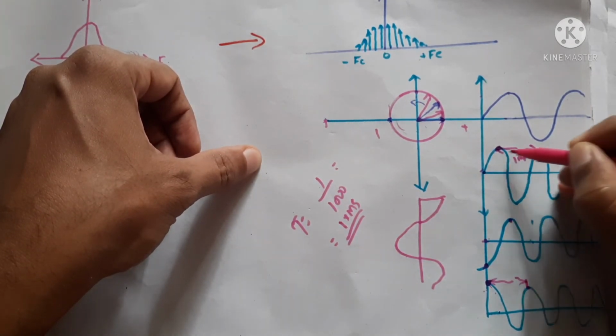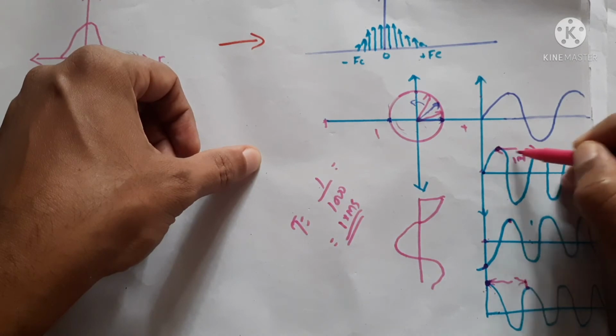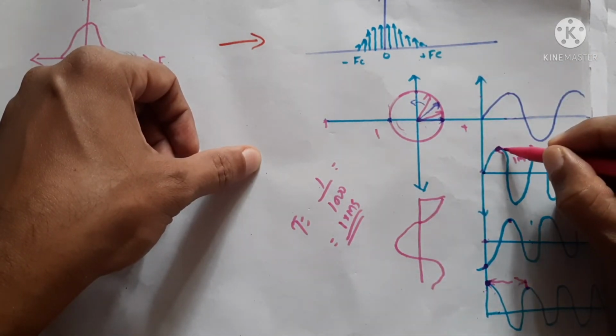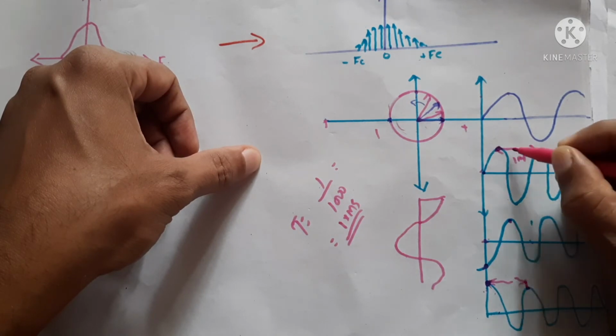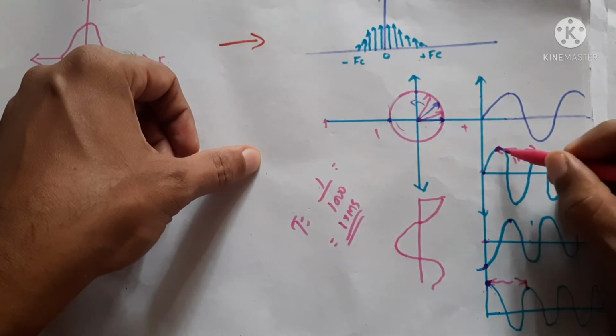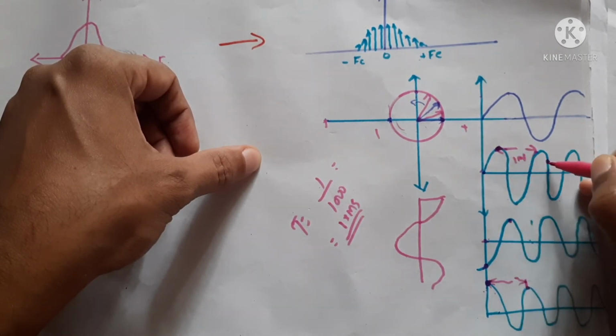It is moving very fast, so in 1 millisecond the value of this signal will be something like here.